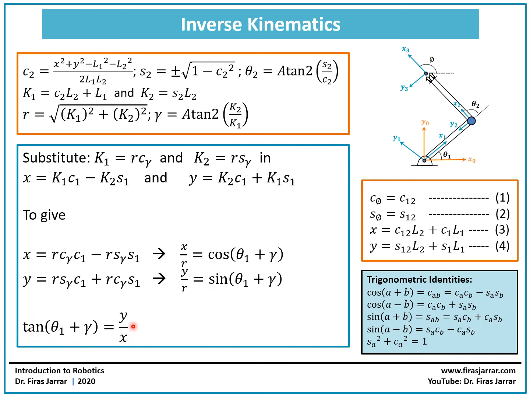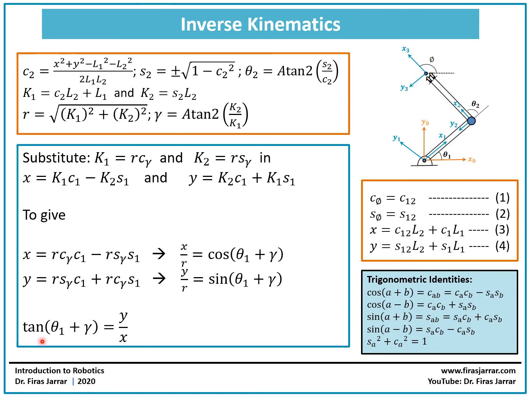And this is excellent because now we have reduced the original equation that had theta hidden in it. Now it will be easier to extract theta because I only have one trigonometric function, the tan. Previously I had two functions, a cosine and a sine, and it wasn't easy to extract theta from it.